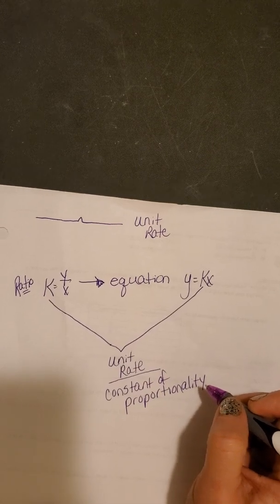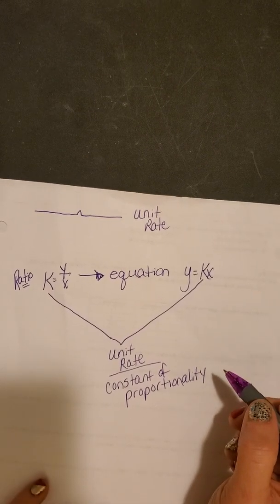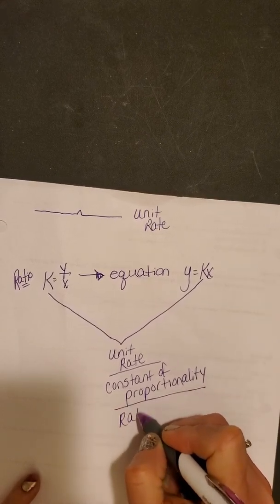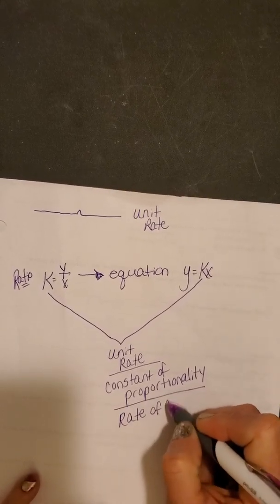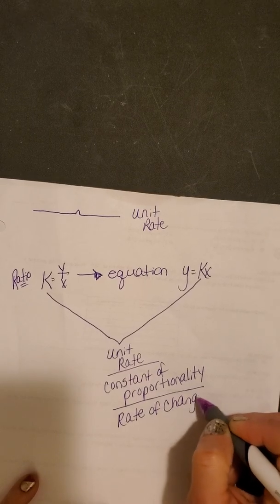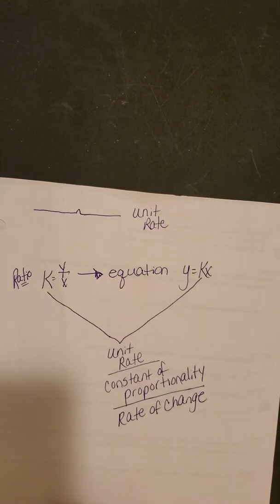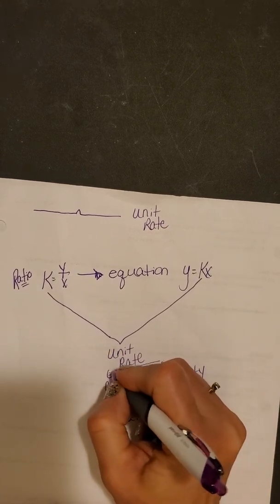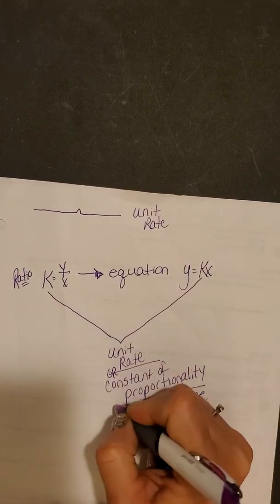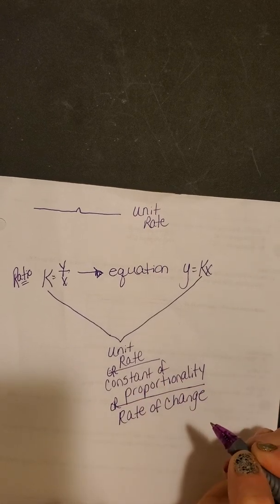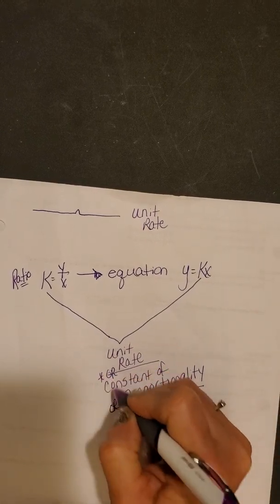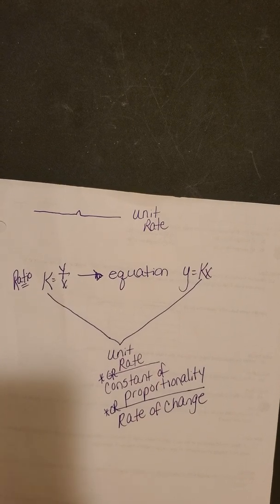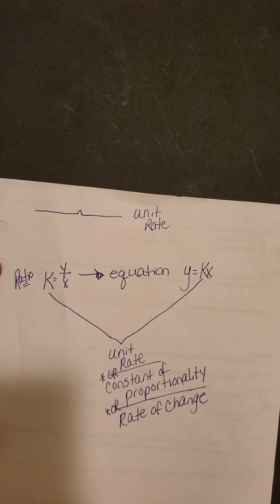K is your rate of change. All of those things are K. It may ask you for this, or this, or this, okay? It may ask you for any of those. Those are all the same, and that's what that K circle map was that you did.